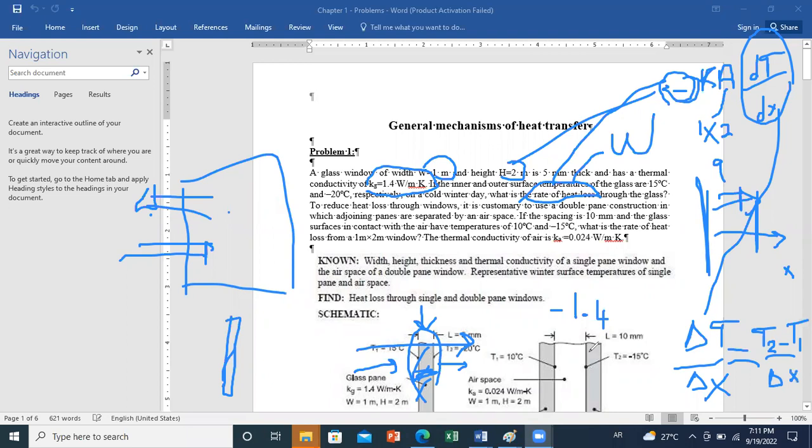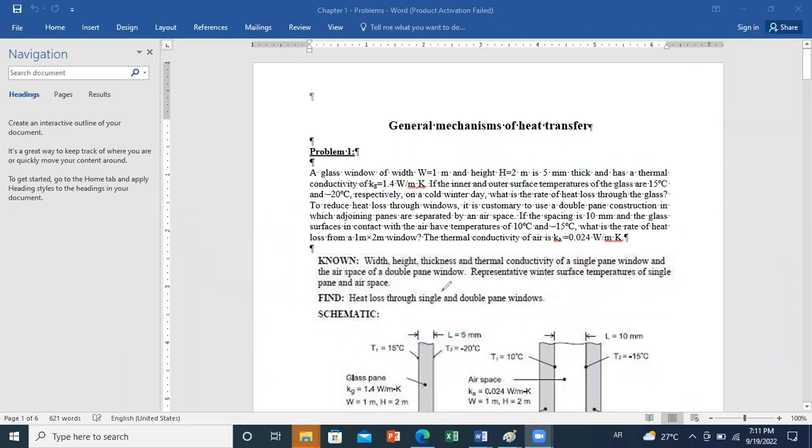So we just substitute now T2 and T1 by their values. T1 is 15 degrees, T2 is minus 20 degrees, and then you can obtain the value of the conductive flux.